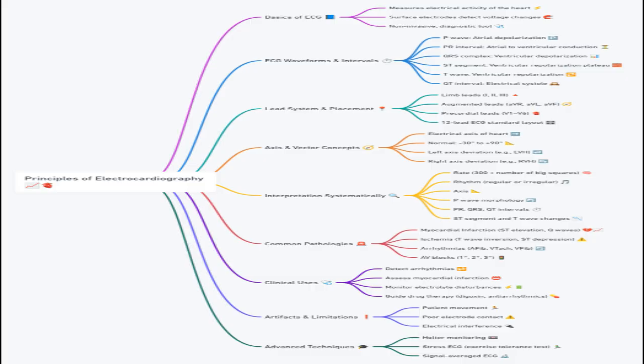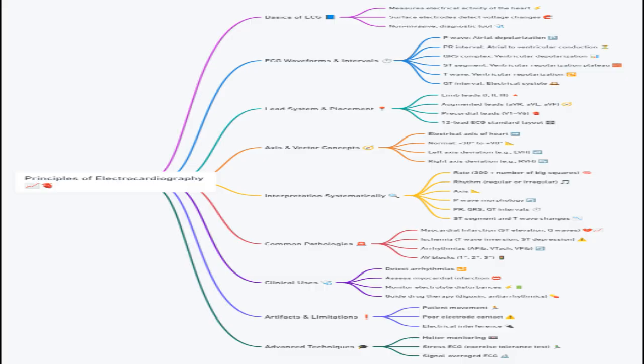The ST segment is defined as the electrically quiet period following ventricular depolarization before repolarization begins. And clinical use of this segment is that elevation or depression of the ST segment are critical markers for myocardial ischemia and infarction.